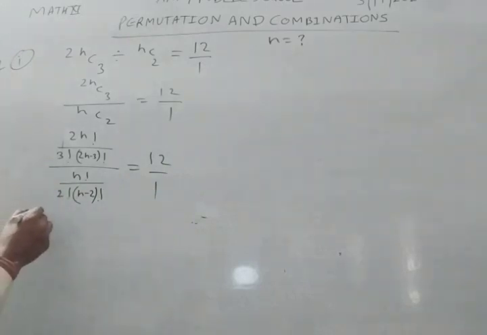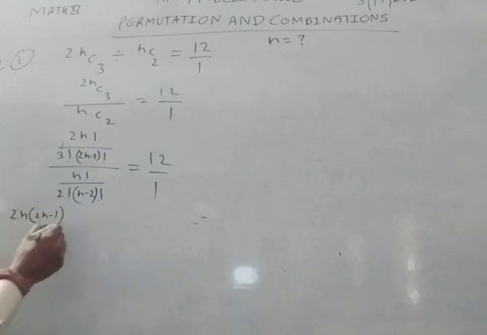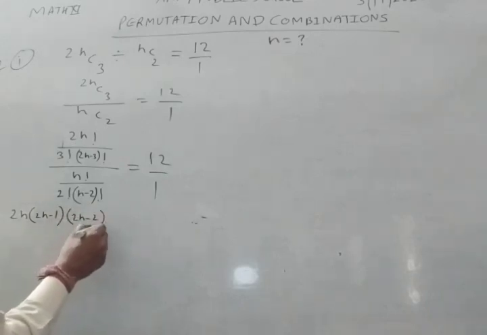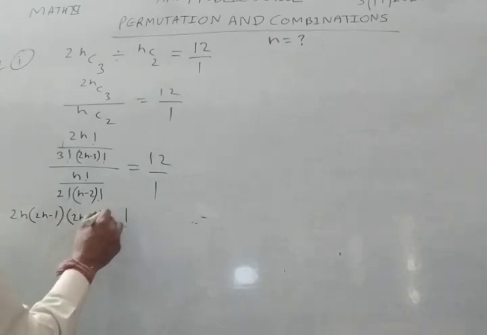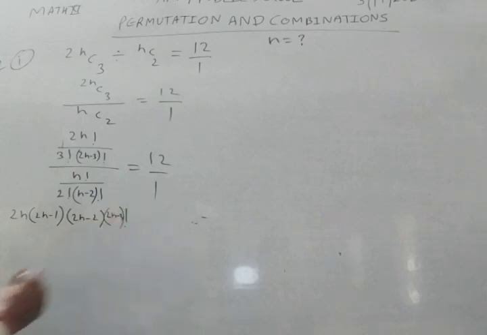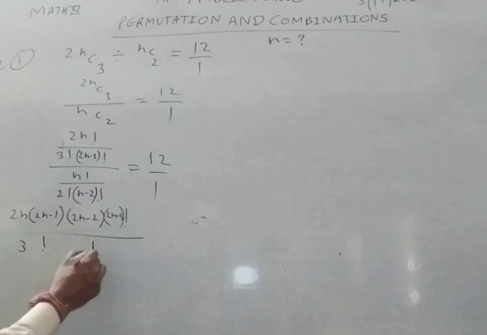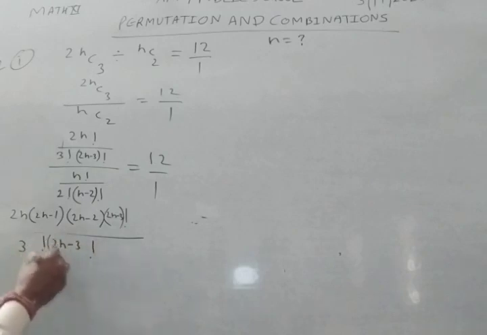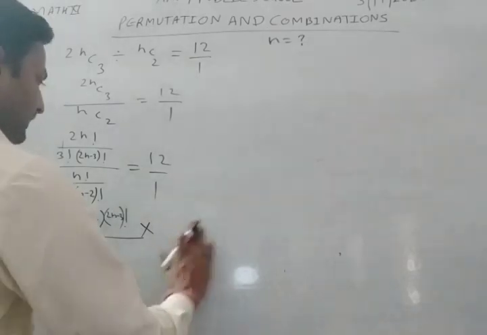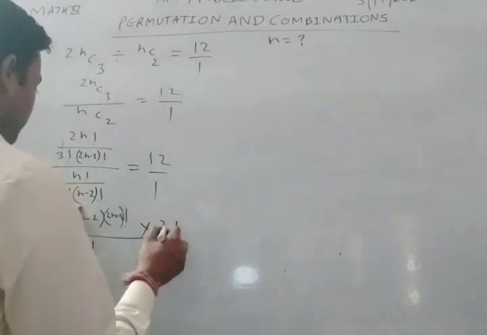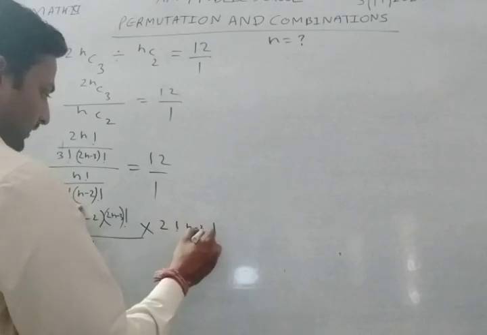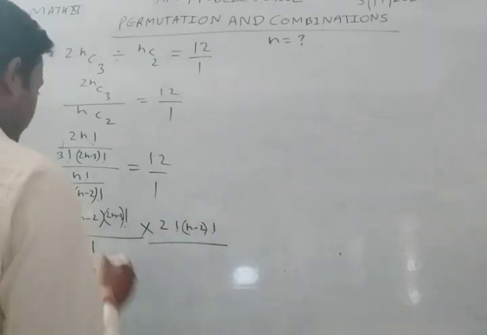Now we write factorial 2n as 2n, 2n minus 1, 2n minus 2, factorial 2n minus 3, divided by factorial 3 factorial 2n minus 3, multiplied by, sending this to the numerator, factorial 2 factorial n minus 2 divided by factorial n.